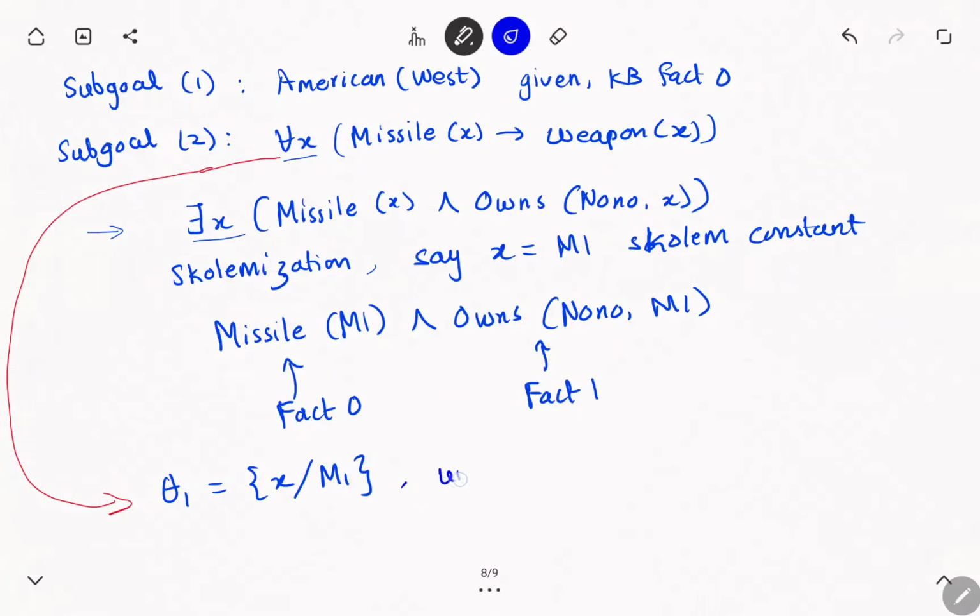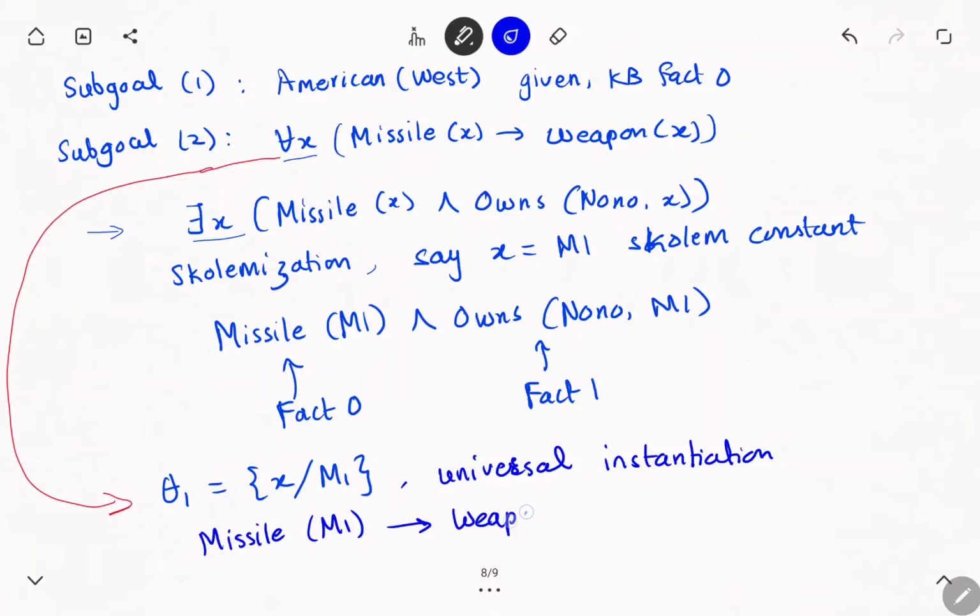Using universal instantiation, that gives you Missile(M1) implies Weapon(M1), and we already know Missile(M1) is true because of fact 0.